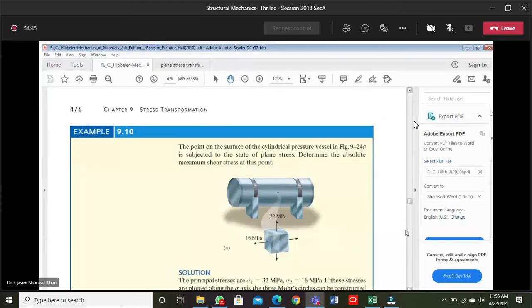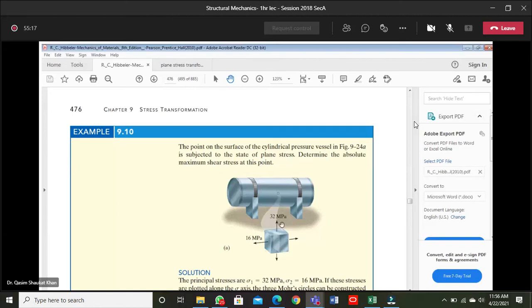The point on the surface of the cylindrical pressure vessel is shown in the figure. It is subjected to the state of plane stress. We have to determine the absolute maximum shear stress at this point. This data is given to us: 16 megapascals and 32. So sigma 1 is 32, sigma 2 is 16, and they are both tensile in nature.